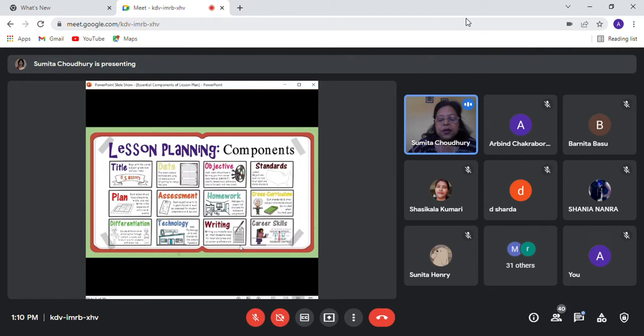Now teachers, I'd request you to take a quick glimpse of the components. You can take a minute and try to memorize as many components as possible, because we have an activity coming up next.